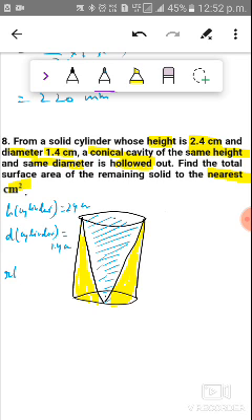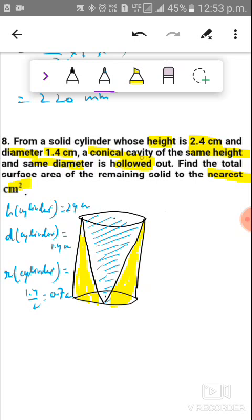So the radius of the cylinder will be 1.4 by 2, which is 0.7 centimeter. It is the radius of the cylinder, okay.